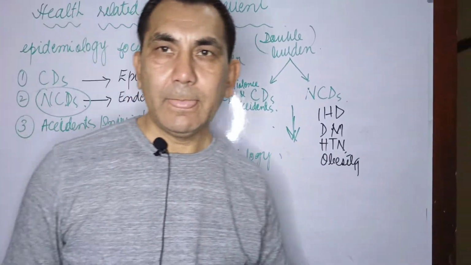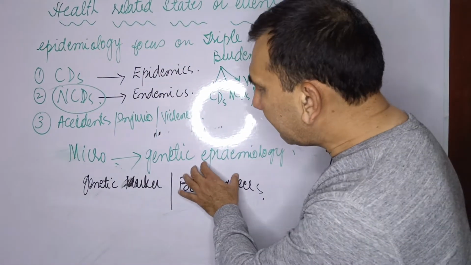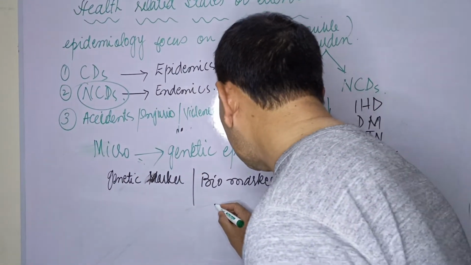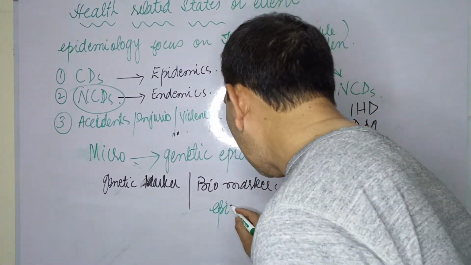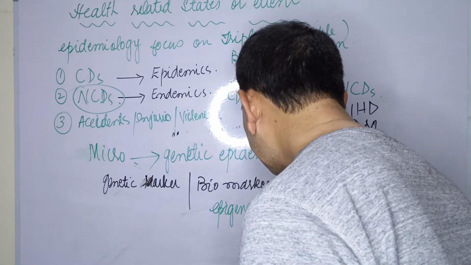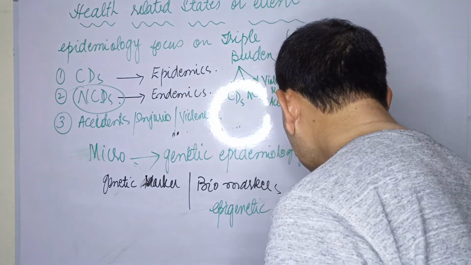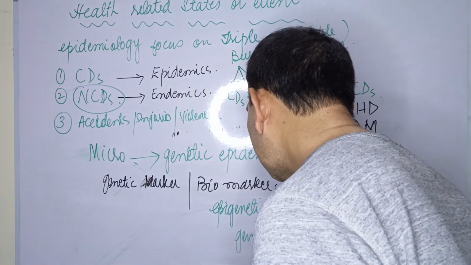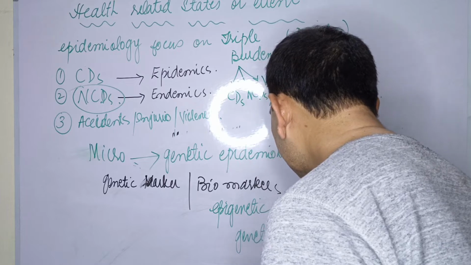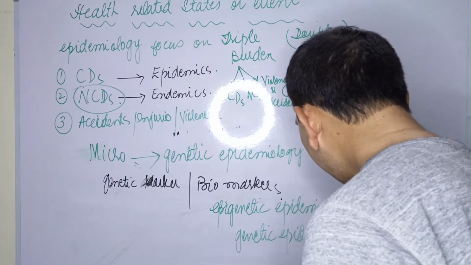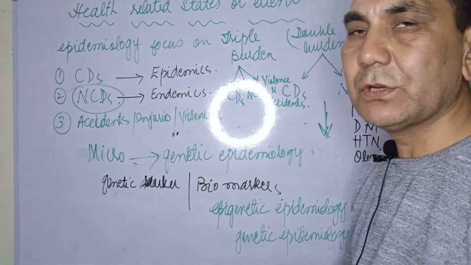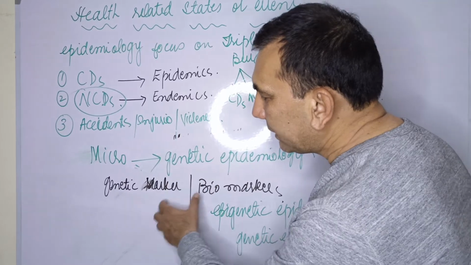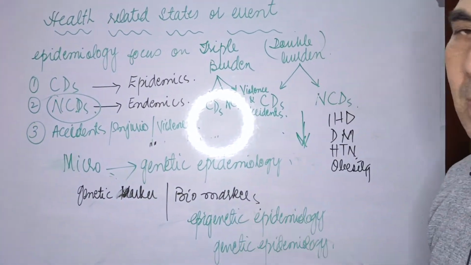So nowadays another field of epidemiology has come up, epigenetic epidemiology, or you can say genetic epidemiology, in which epidemiologists and public health specialists focus on finding genetic markers or biomarkers.